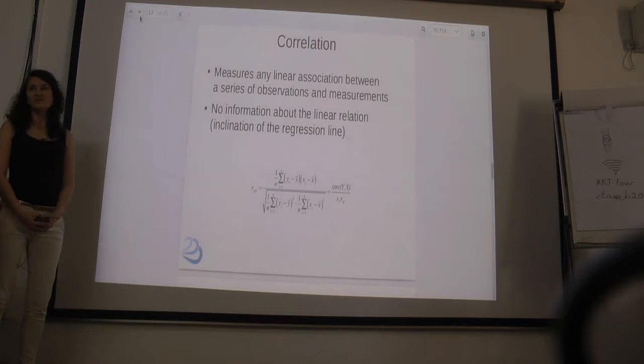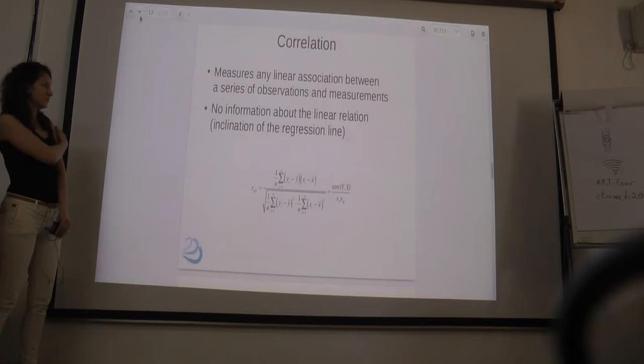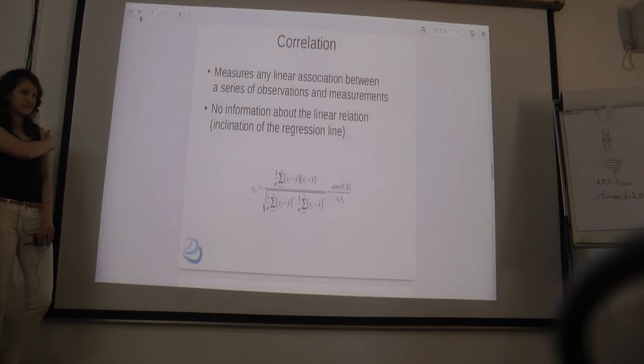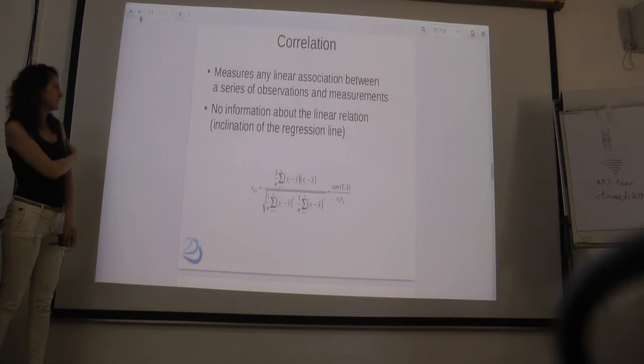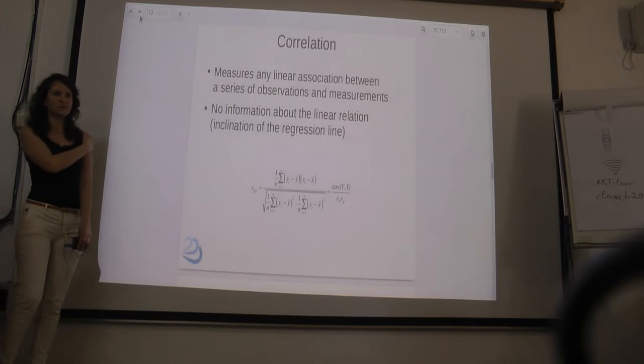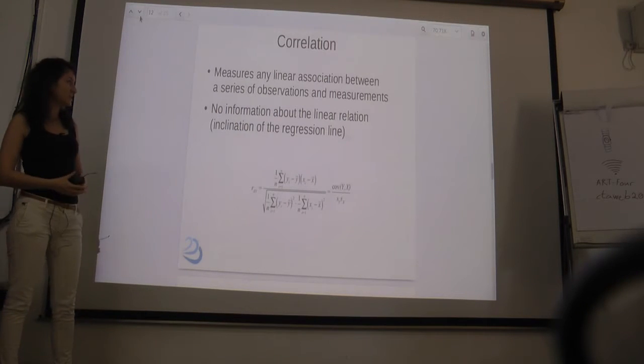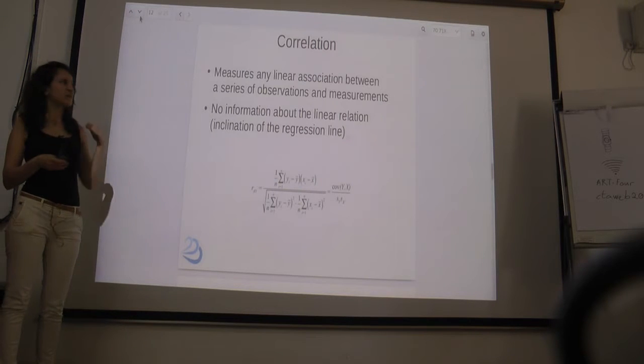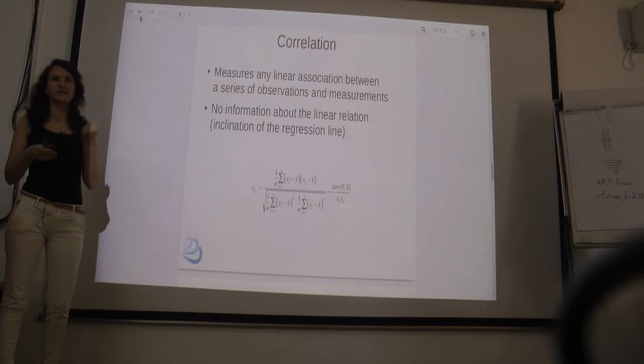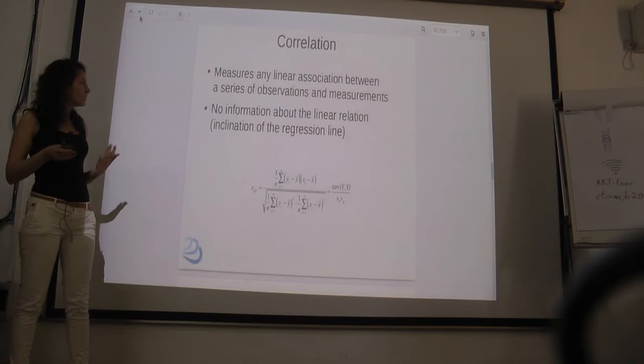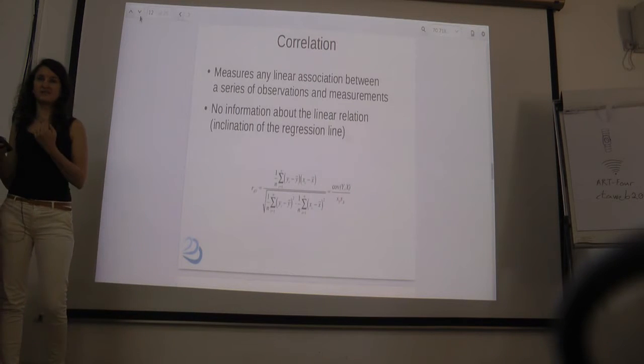A different way to compare forecast to observation is to calculate the correlation between your time series of forecasts and your time series of observation. This will not really give you the information about what is the relation between them, what is the linear relation, but you will find any linear association.